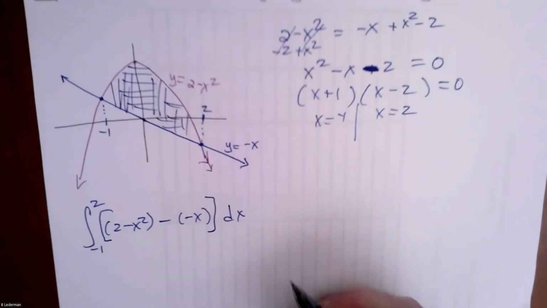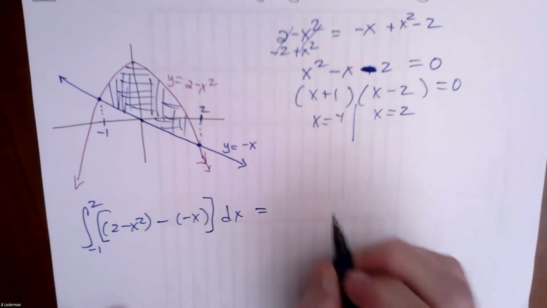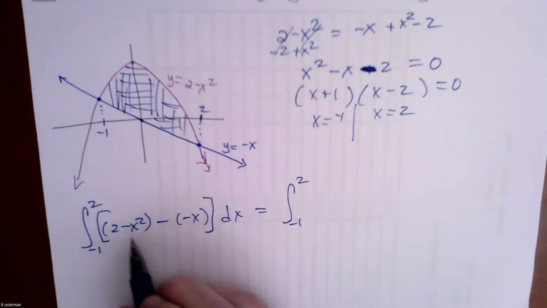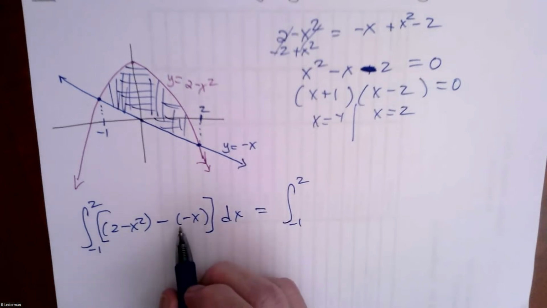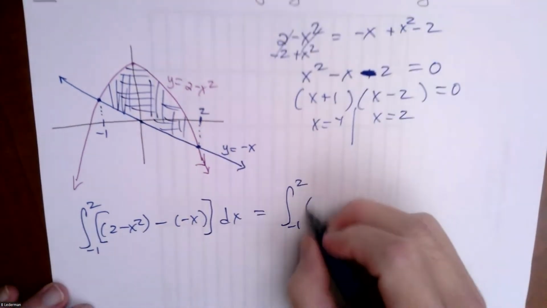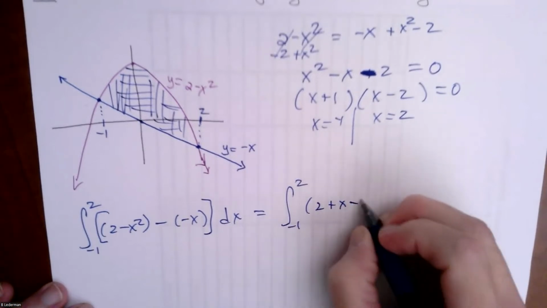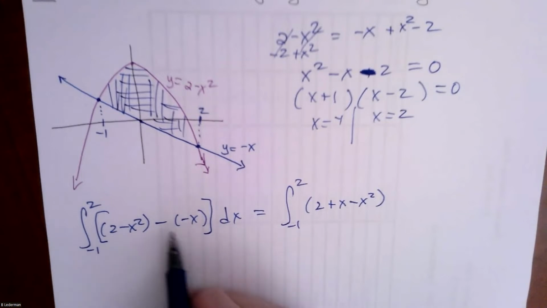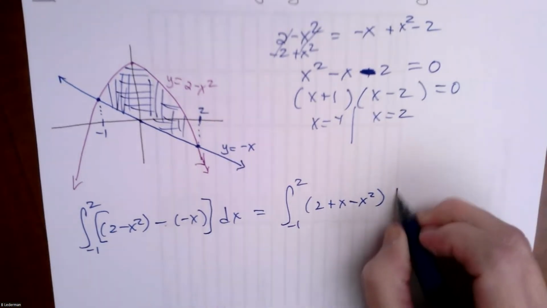And this is equal to the integral from -1 to 2 of, let's see, that's going to be -x squared, +2, +x. Oops, you all still there? Let's make sure everyone's still here. 2 plus x minus x squared. That 2 is positive. That minus a negative becomes positive, and minus x squared, sticking at the end, dx.